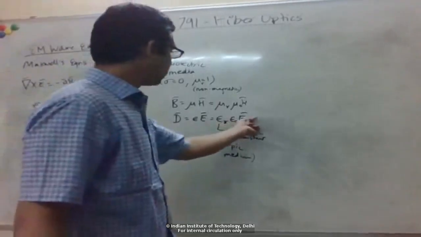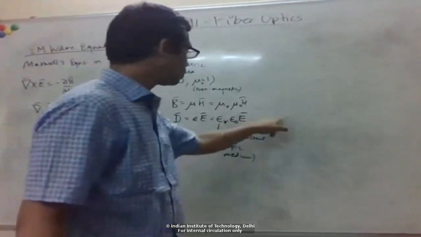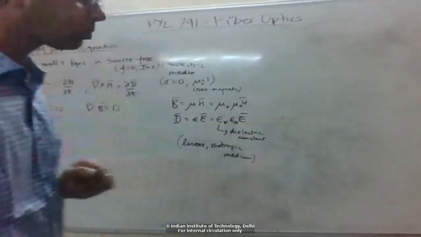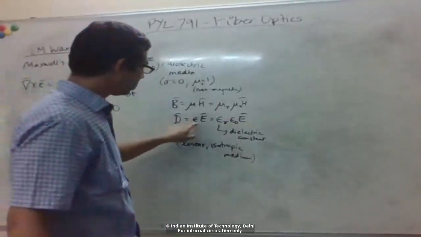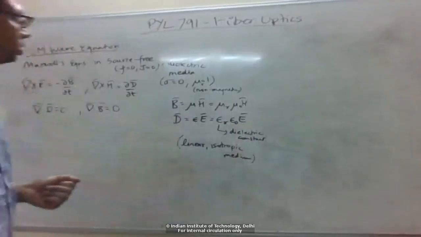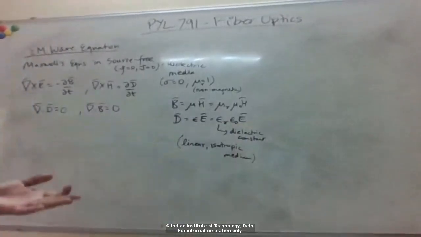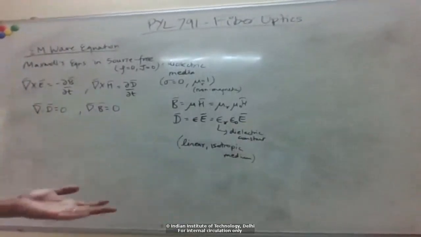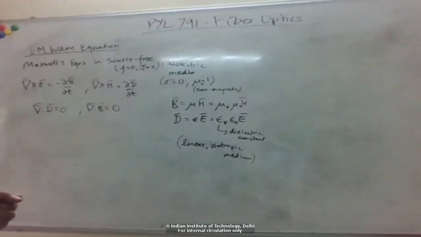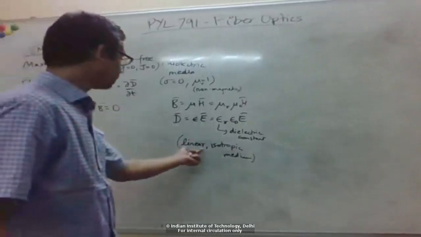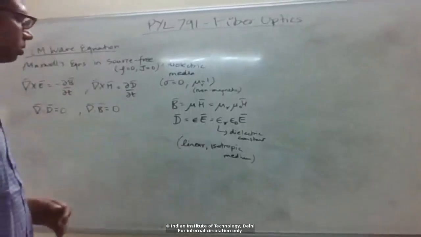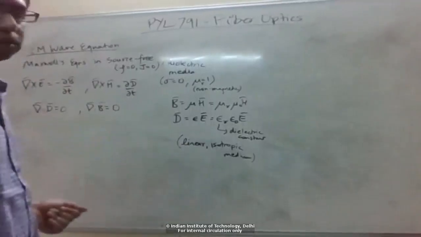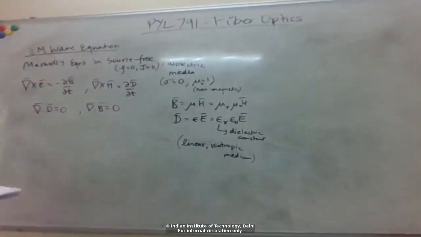Then you can have some nonlinear terms, like E squared, etc. Or another way to think of it, this epsilon also depends on the electric field. So once you go to high intensities of light, you have nonlinear terms, but that won't be our concern in this course. So that's why it's linear. For most purposes, the linear analysis is fine.